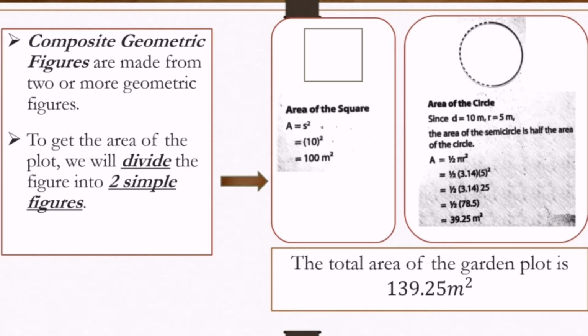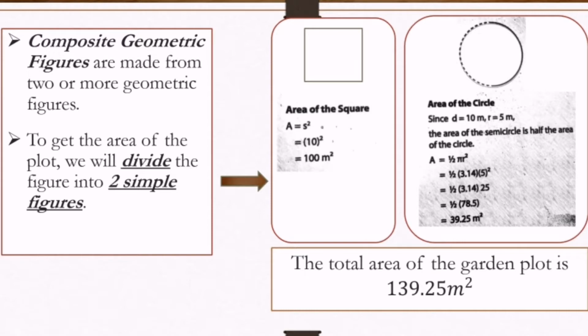Now, to get the area of the plot, we will divide the figure into two simple figures. The figures are the square and the semicircle. For the area of the square, the formula is area equals s squared. As you can see, the area of the square is 100 meters squared.